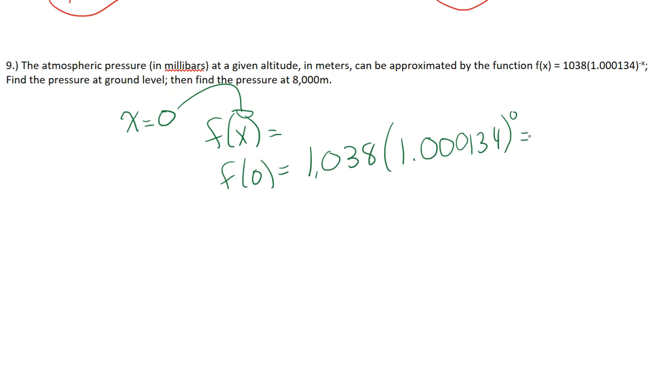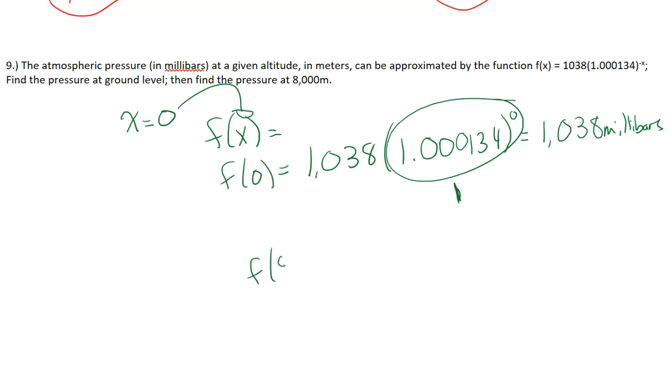Again, I would like you to put this in your calculator to make sure that you actually know how to use it correctly. And we do get exactly 1,038 millibars. And that's because anything to the 0 power is just 1, so that times 1 equals that.